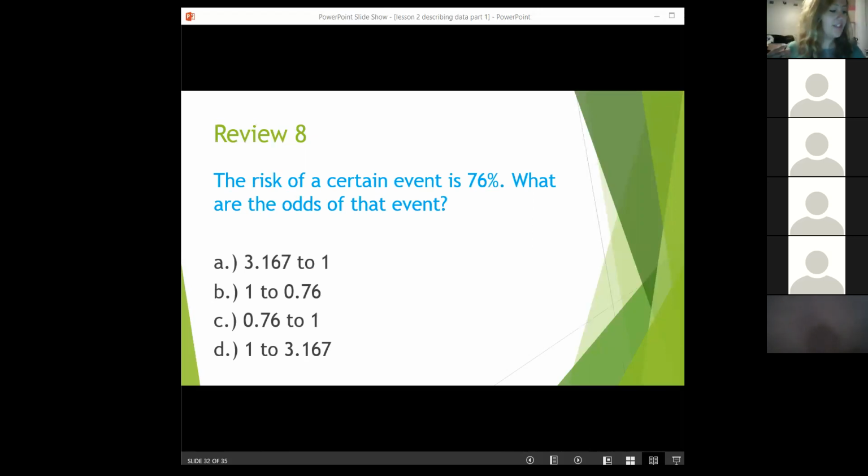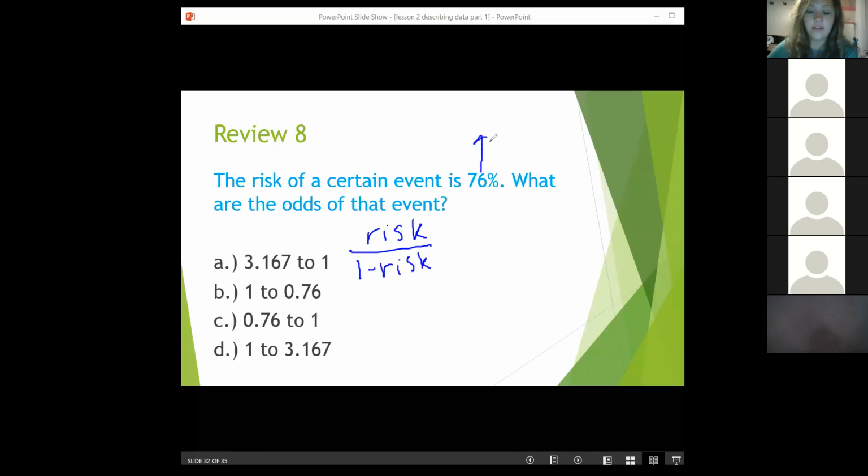Okay, good job. Yep, our answer is A. So remember, one of the equations that we can use for odds is our risk divided by 1 minus risk. So if we took this percentage, 76, and divided by 100, we're going to get a decimal, which is how we do probabilities technically.